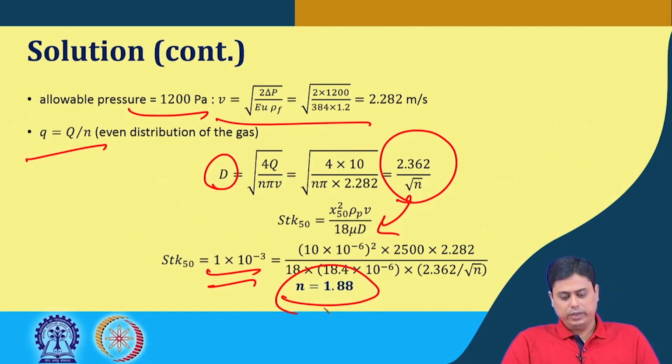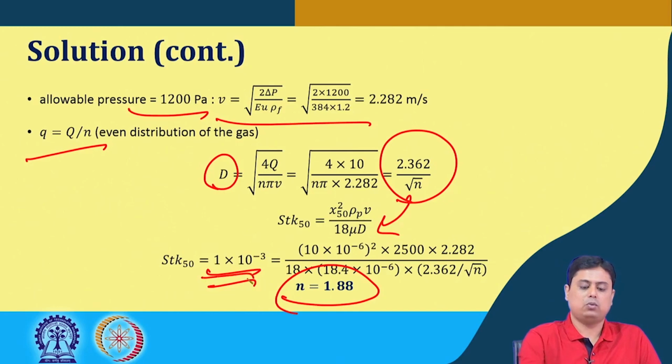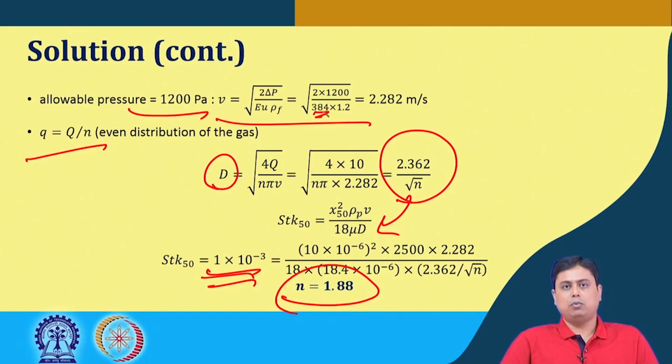And we see that the value of n is 1.88. That means we need at least 2 cyclones of this Stokes number, that is 1 into 10 to the minus 3, and 384 Euler number, with the pressure drop of 1200 Pascal, to have a cut size of 10 micron.